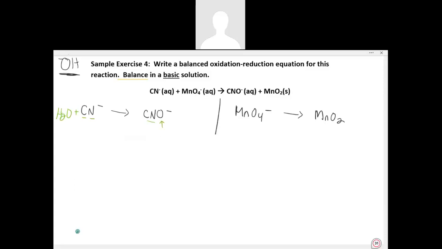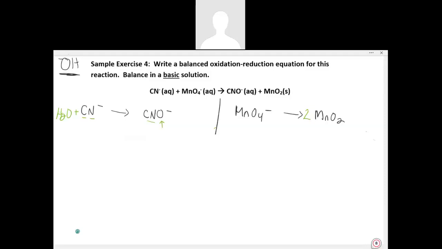Next we have our manganese, so everything looks good with the Mn. They're already balanced. We need to balance our oxygen. I have 4 on the reactant side. I have 2 on the product side. I can multiply this by 2.